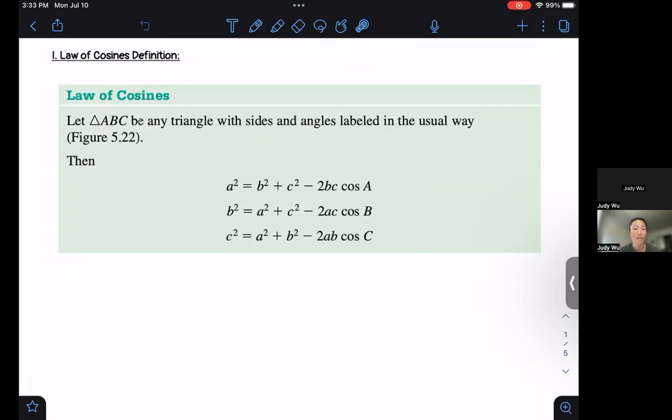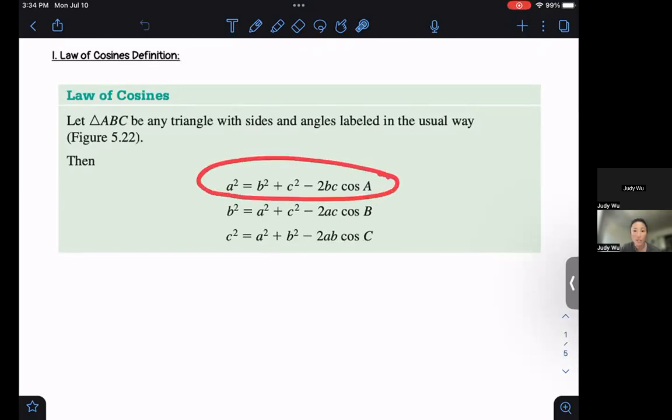Let ABC be any triangle with sides and angles labeled in the usual way, meaning the angles are the capital letters and the lowercase letters are the sides. It turns out that we can find a relationship between the sides and the angles with any one of these three.